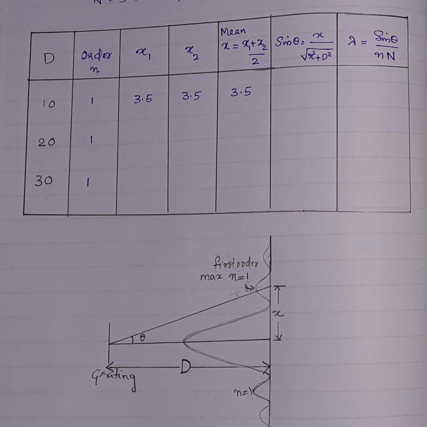Here you can see for 10 centimeter we have the distance from the center to the left side of the screen, which is 3.5 centimeter, and x2 again at 3.5 centimeter from the center on the right side, and taking the average we get 3.5 itself. And by using that value you have to find sin theta, which is equal to x by root of x square plus d square according to our equation.